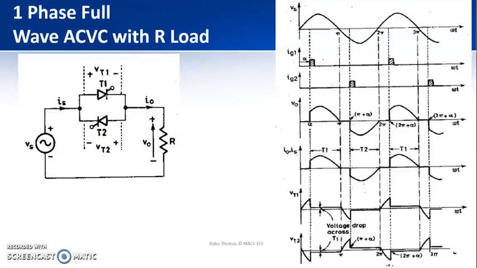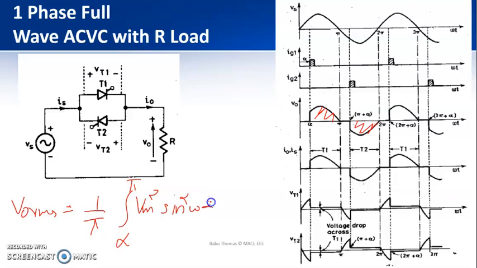Now we need to find the average output voltage. From this output voltage, the average output voltage will be 0 because both sides are identical in nature. But we can derive the RMS output voltage. V naught RMS is equal to the square root of 1 by pi integral from alpha to pi of Vm square sin square omega t d omega t.